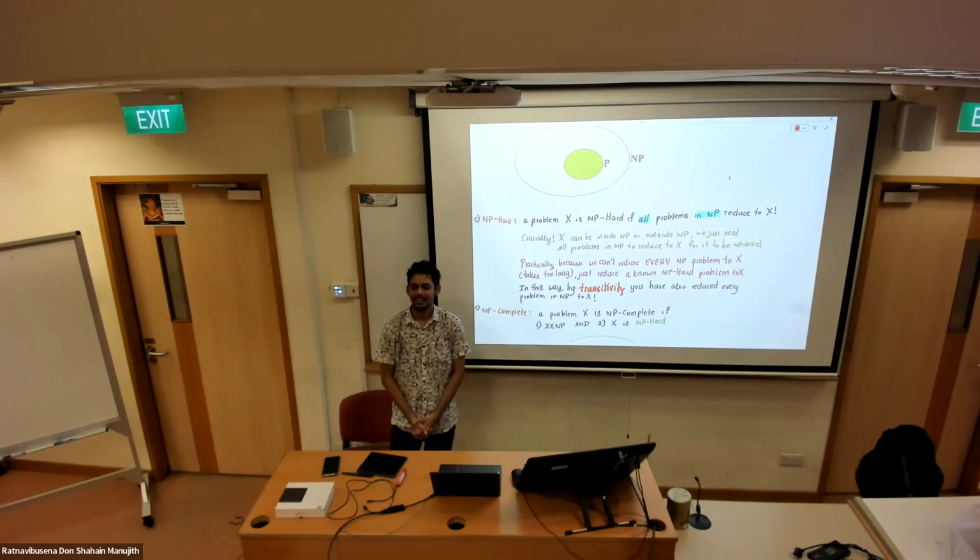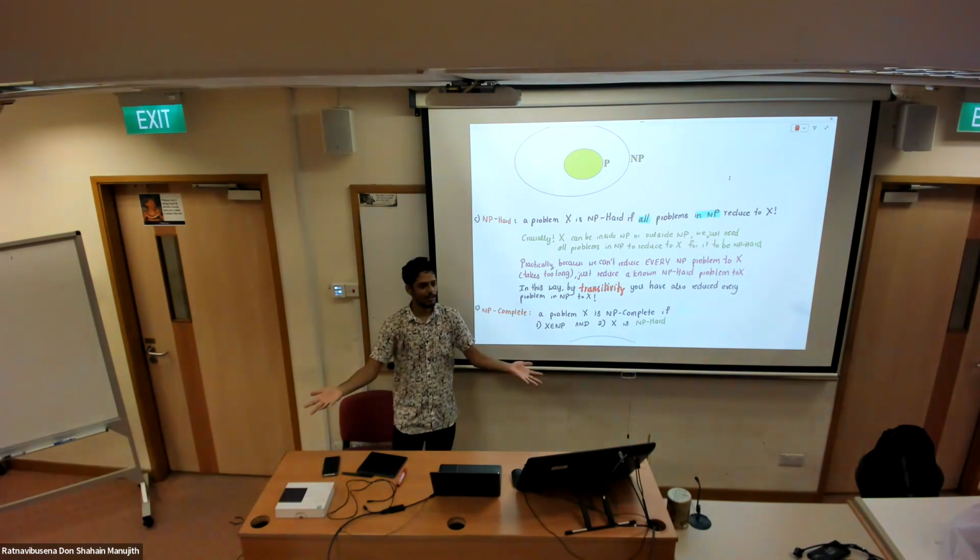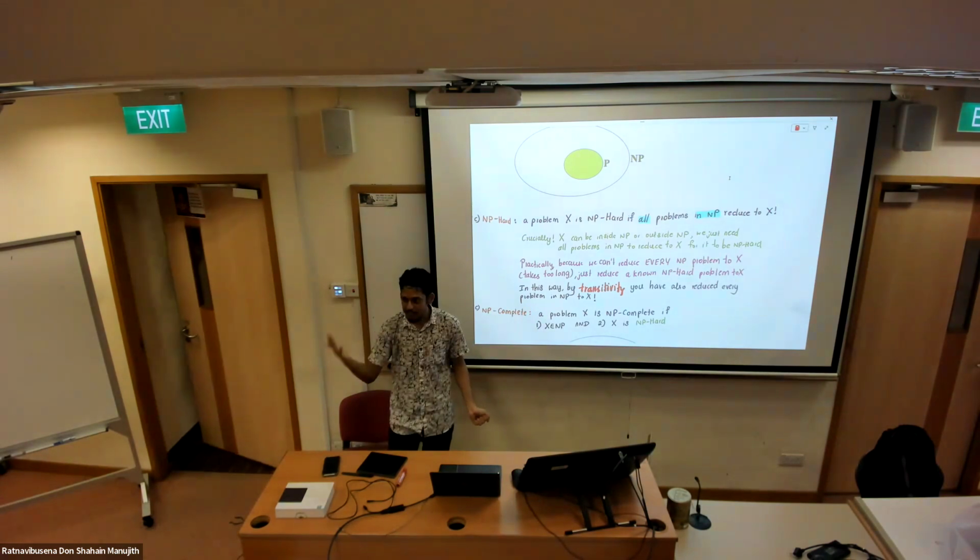Why? Because you cannot verify in polynomial time, right? Here's the deal: 3-UNSAT means you want to prove that this 3-SAT formula has no solution. To do that, your certificate itself must be exponential.